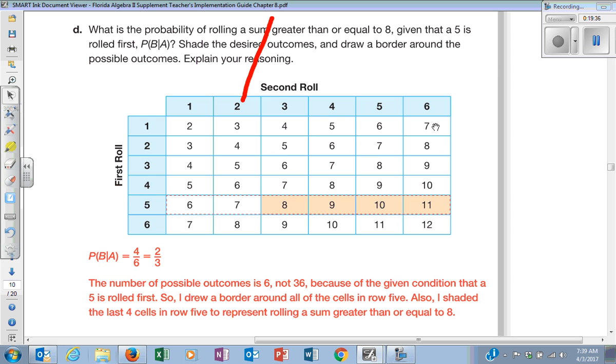So do you have any shot of getting an 8 or higher? No. Why? Because your first event has an effect on the second event. Now, my second event is, I'm not trying to get a number, am I? I'm trying to add the two numbers together. So you get what I'm talking about here.